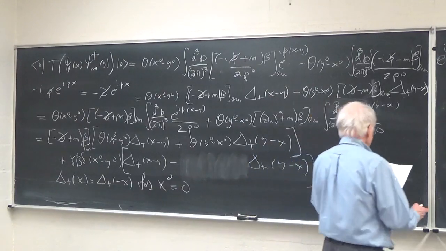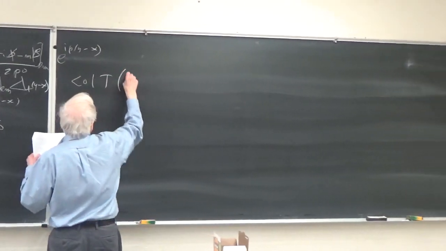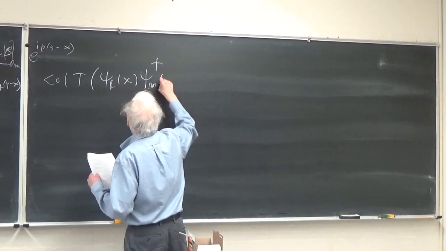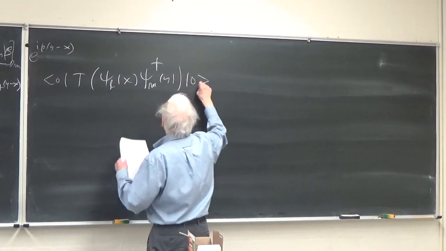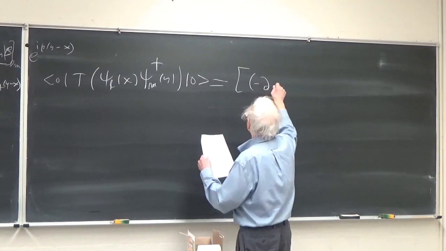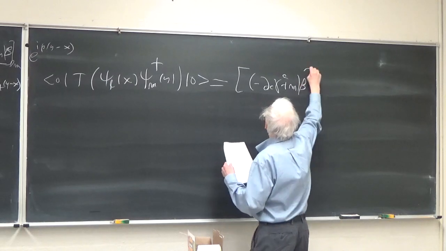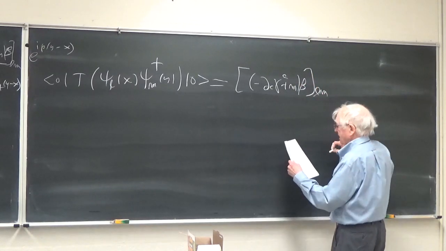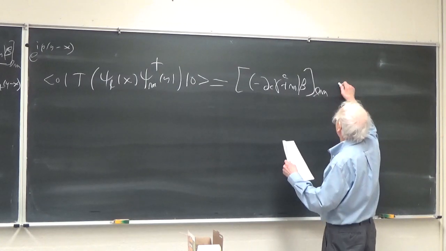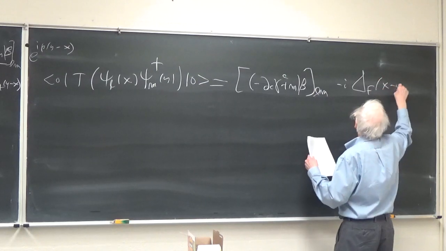And so this is not the final expression, but we're over time. So let me just write out where we can start next time, which is almost the end. This is then minus d-slash plus m beta Lm acting on minus i delta F of x minus y.